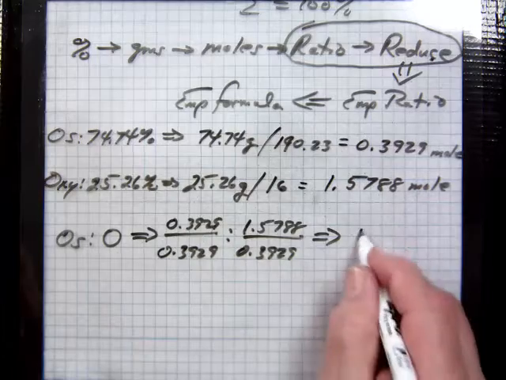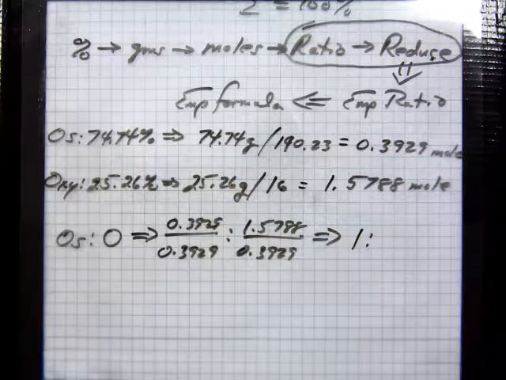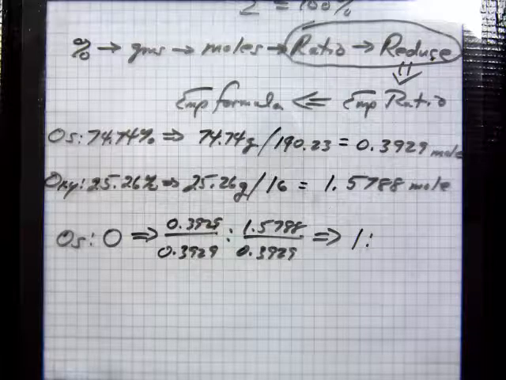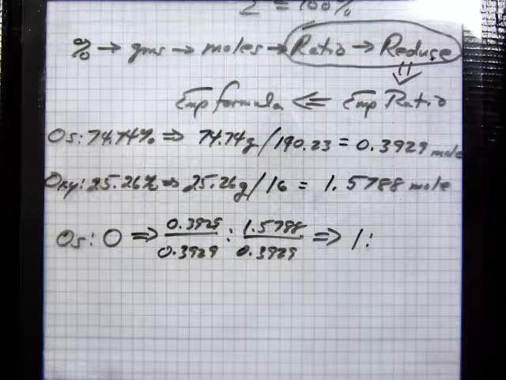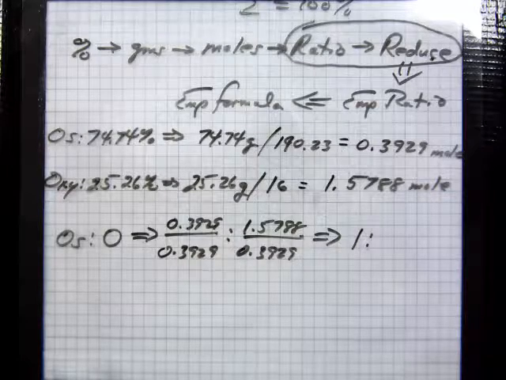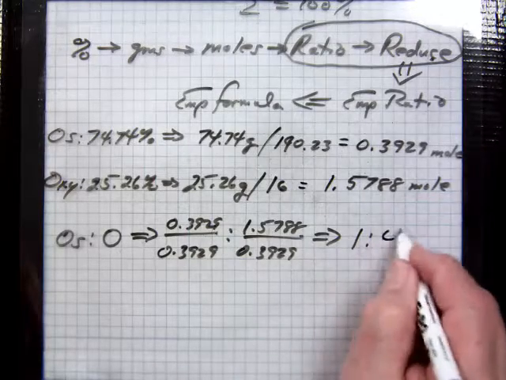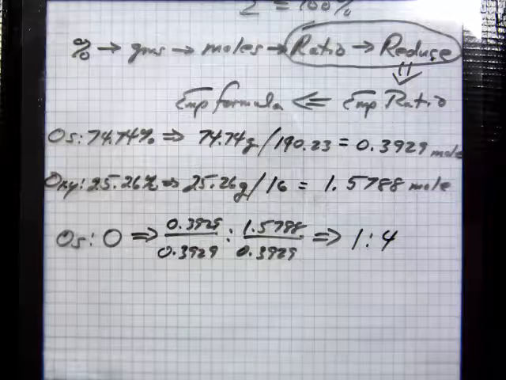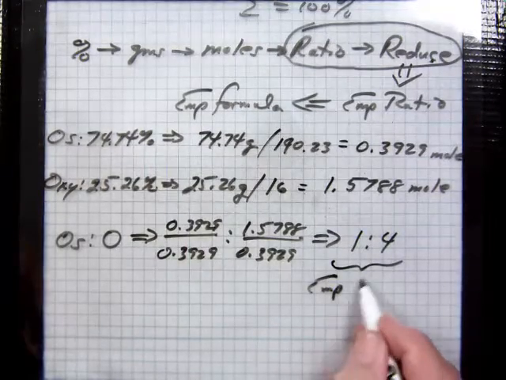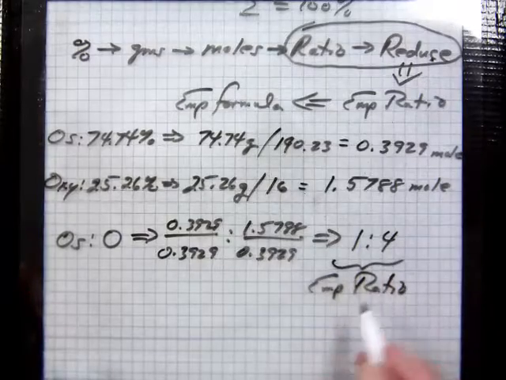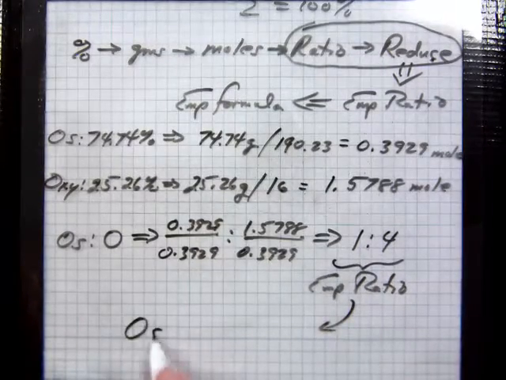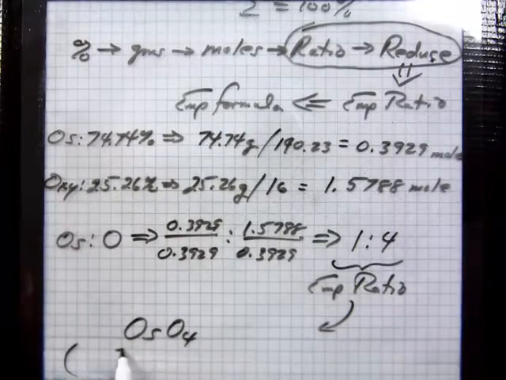So that's a 1 to 4 ratio. So this is your empirical ratio. And so it gives you your empirical formula, OsO4.